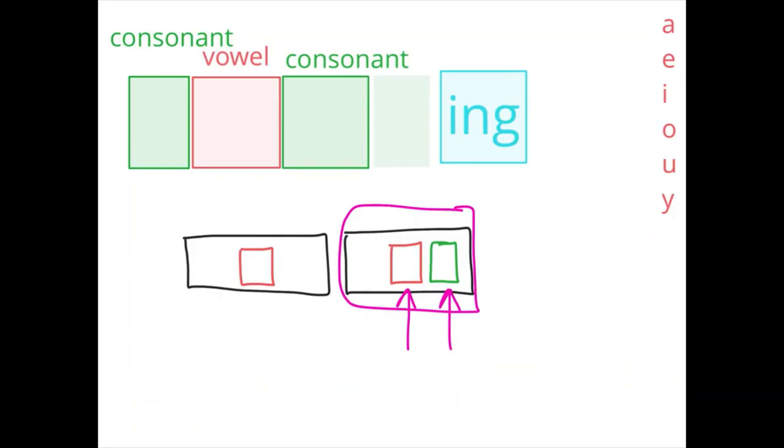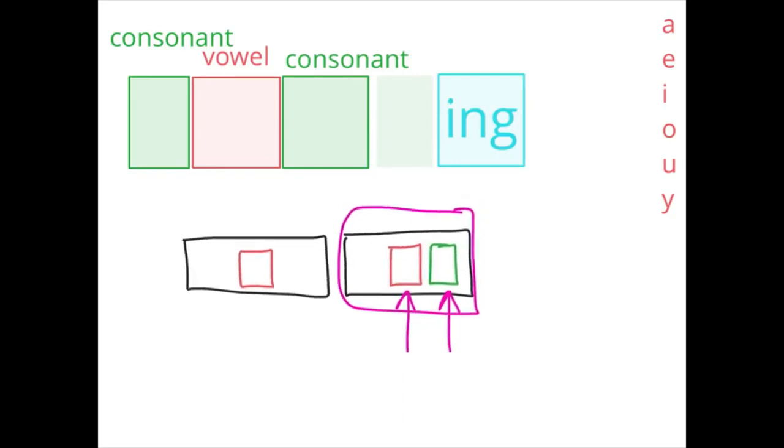Okay, so for us to double the final consonant before we add ing, if the word has more than one syllable, we still follow the same thing we do with one syllable words, where we check on this and on this. Okay, no digraphs here, no digraphs or blends here. But then when we say the word, we need to be making the accent or the stress on this last syllable of the word, like begin.